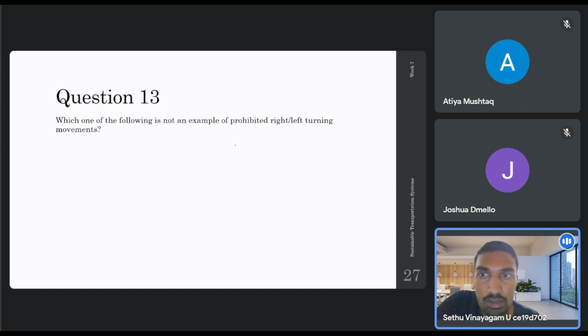Okay, question number 13 is, which one of the following is not an example of prohibited right or left turning movements? Options are T turn, Y turn, G turn, and Q turn.